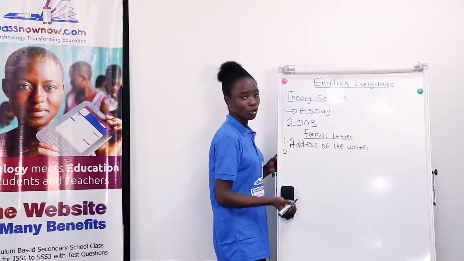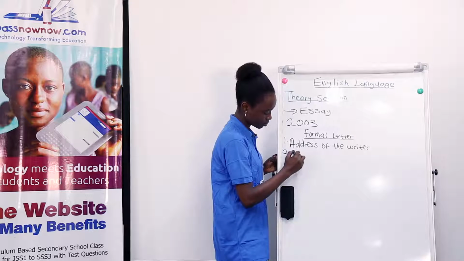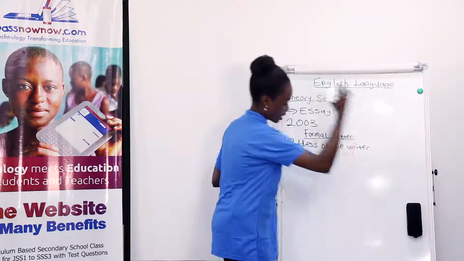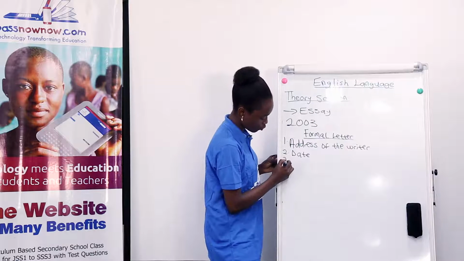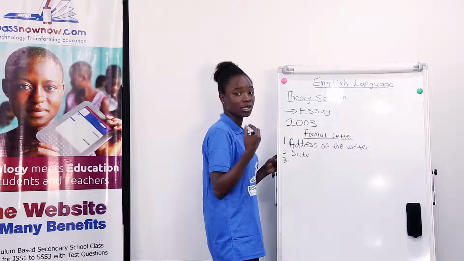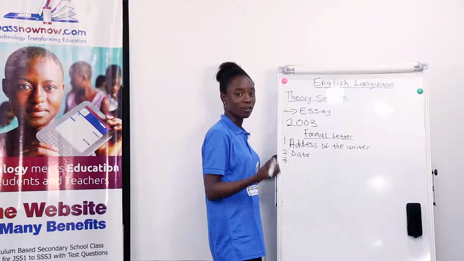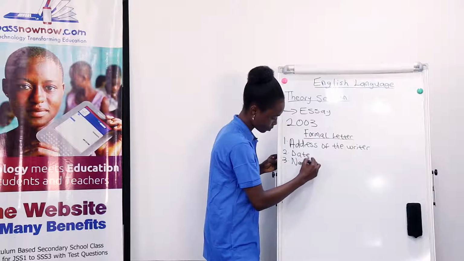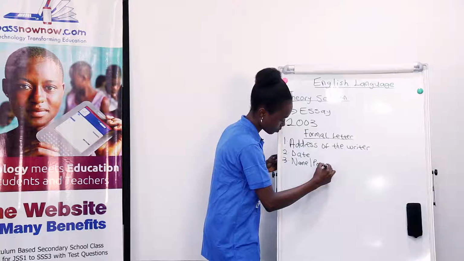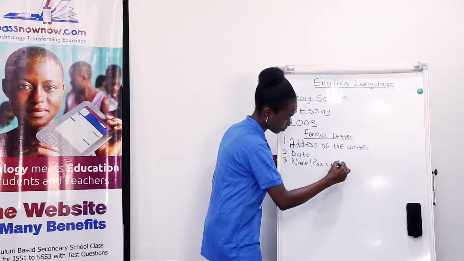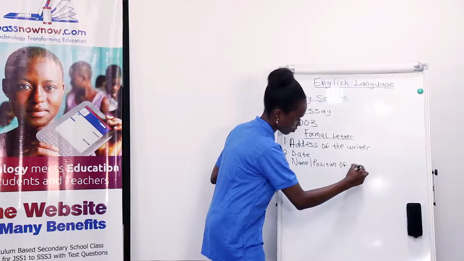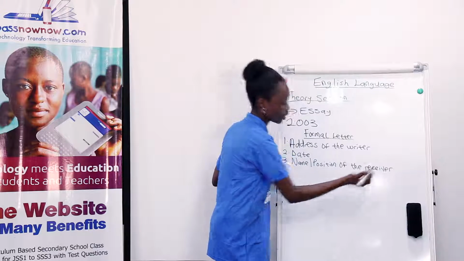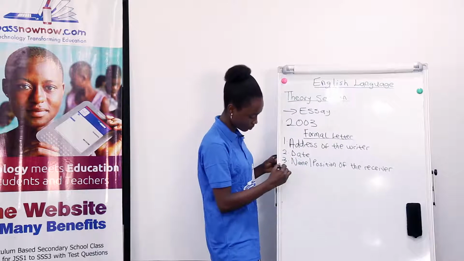Then next up, we have the date. After which you write the name or position of the receiver of your letter. Then you write the address of the receiver.